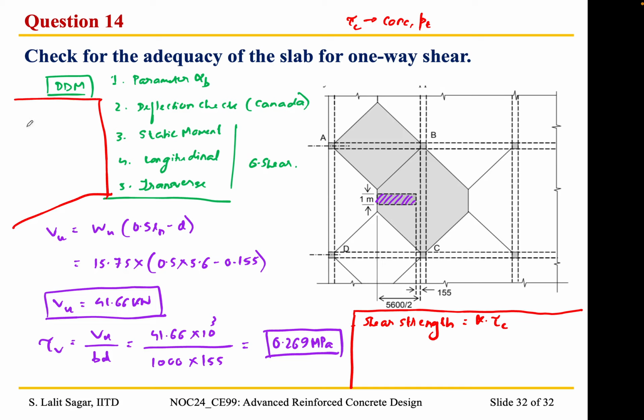AST is pi by 4 of 8 square into 1000 by 125, considering a spacing of 125 millimeter.